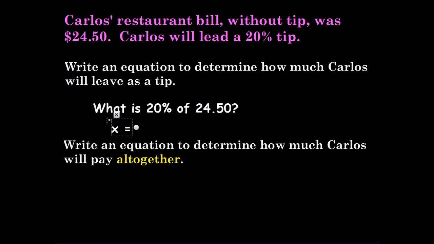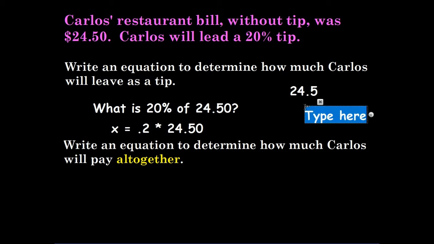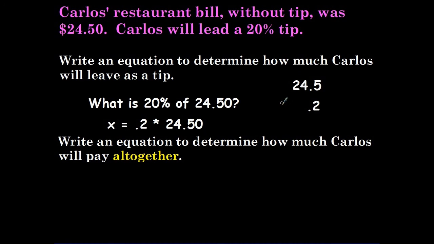So what is 20% of $24.50? So essentially what you need to do is the multiplication. All right, so I've got 24.50. I'm multiplying. I don't really need that 0 at the end because it's after the decimal point, so it doesn't make any difference. And I'm going to multiply it times this 2/10 here.